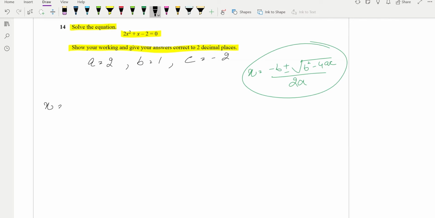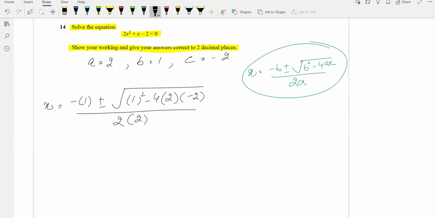So x is equal to minus b plus minus square root of b square, meaning 1 square, minus 4 into a into c, over 2a, and this is the equation. So we can rewrite as minus 1 plus minus square root of 1 plus, this will be 4 into 4 will be 16, divided by 4, and we can reduce this a little.